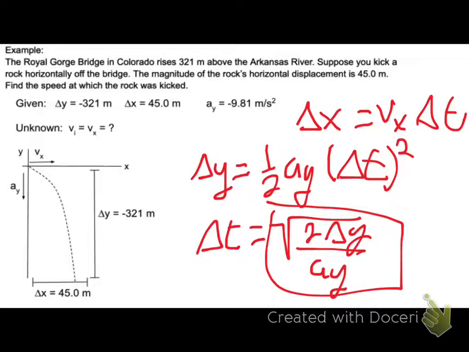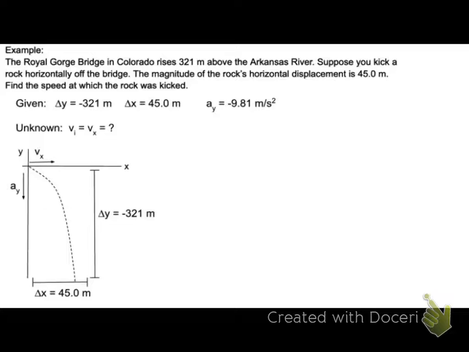So if I'm going to just wipe my screen here real quick. If we take our equation, we have Vx is equal to change in distance over change in time.